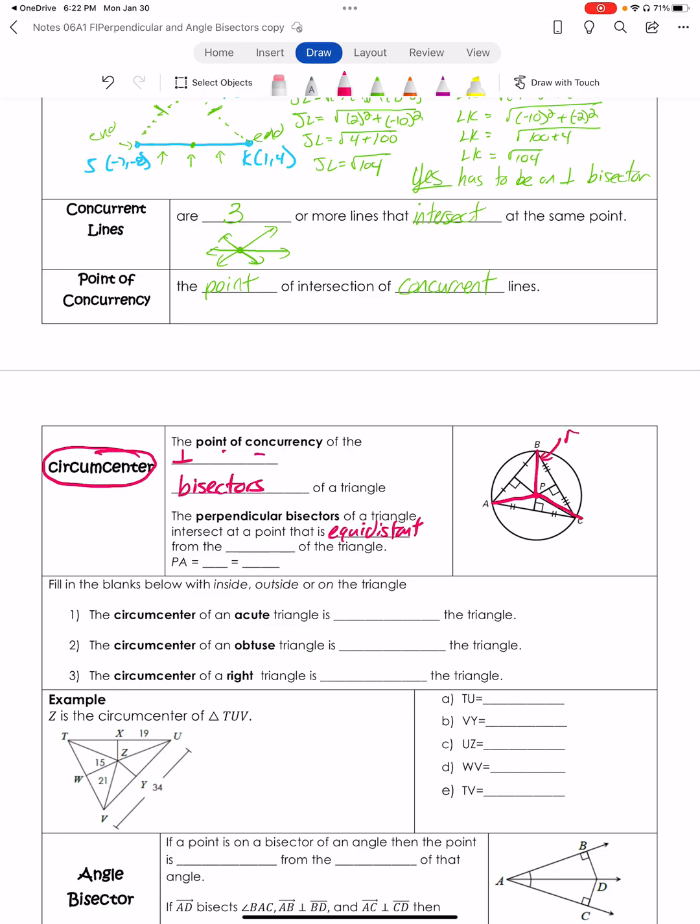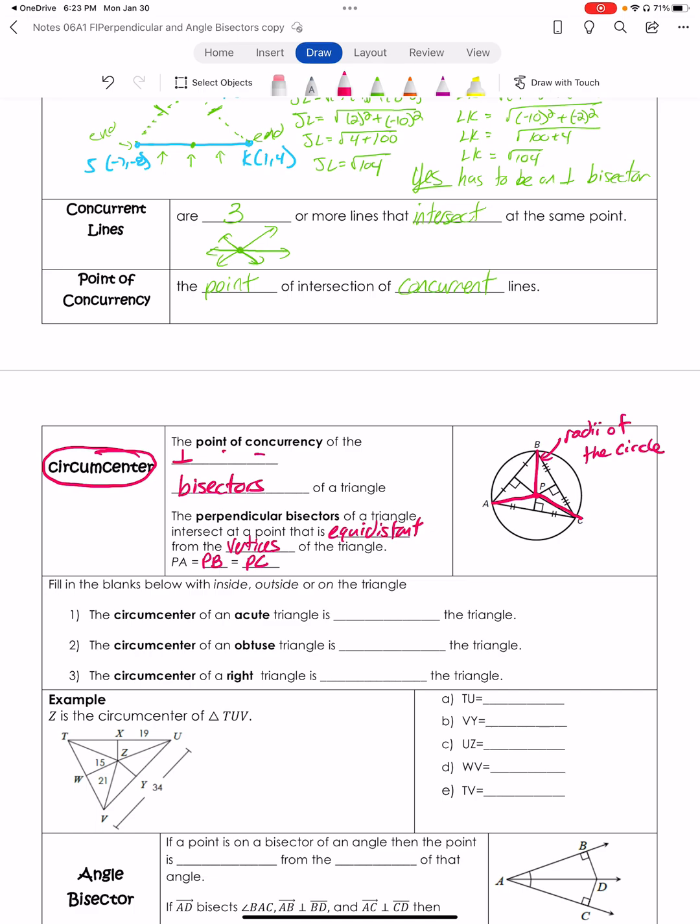They are all radii of the circle. They're equidistant from the vertices. So PA, PB, and PC are all going to be the same.